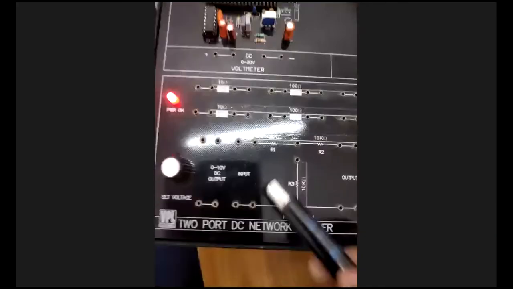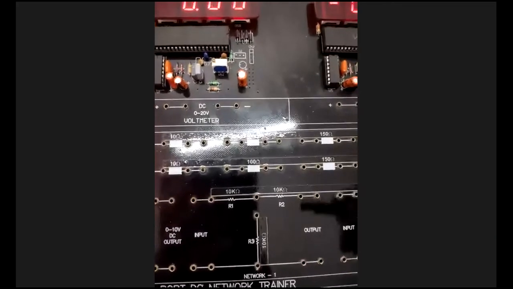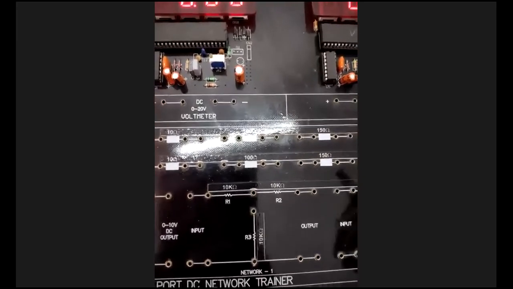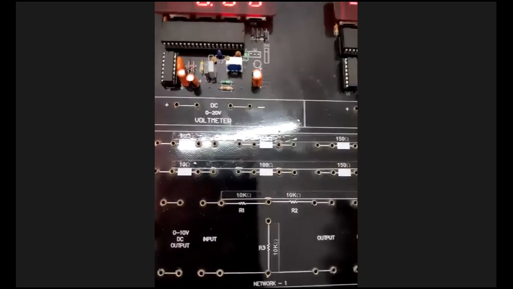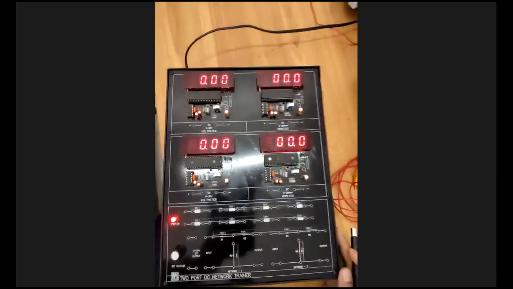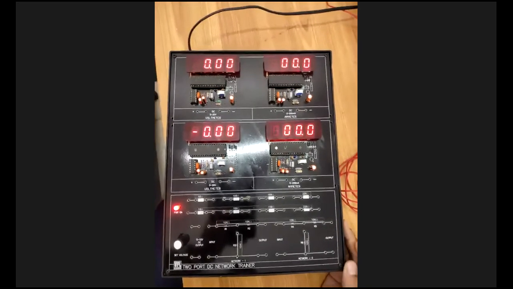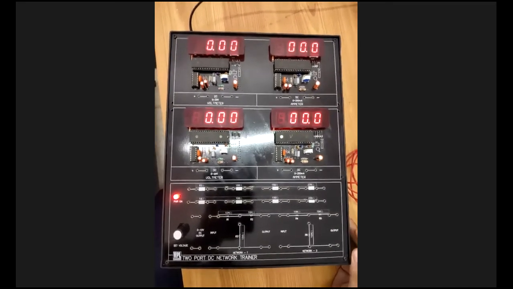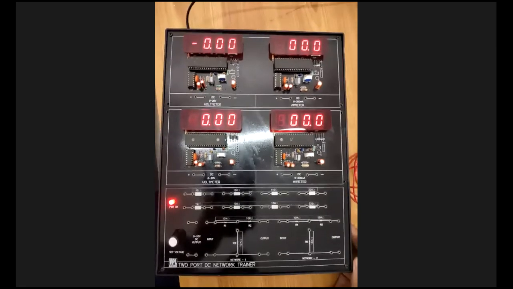So if you want to perform this experiment with various rating resistances, you can. Okay. So this is the overview of this generator. I think you have understood, but you can clear your doubts from the generator.